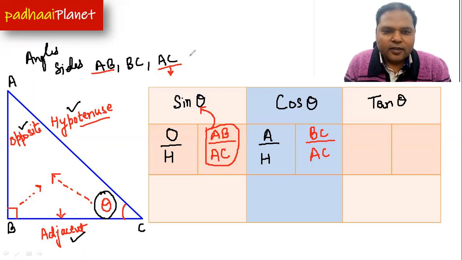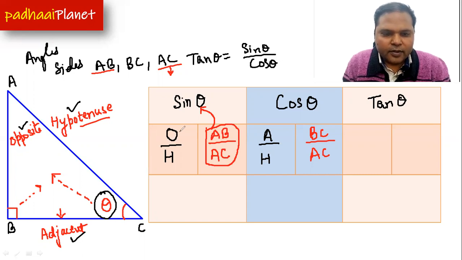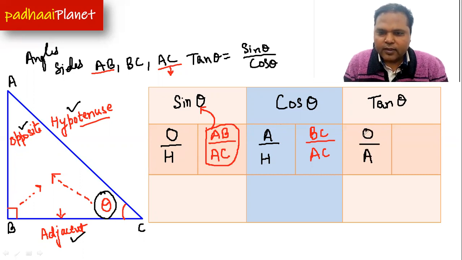Tan theta is equal to sine theta upon cos theta, right? And if we do this, opposite upon hypotenuse and adjacent upon hypotenuse, then finally we'll be left with opposite upon adjacent, right? So that is tan theta.